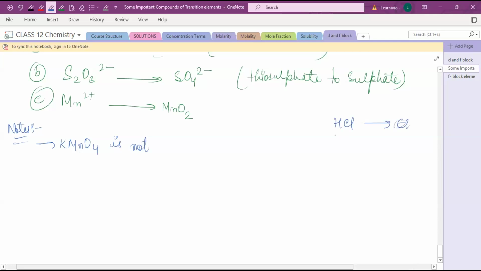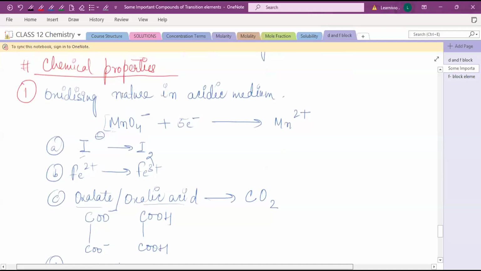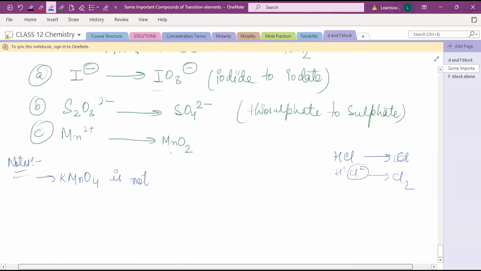HCl will give you H plus and Cl minus. In acidic condition, potassium permanganate will oxidize Cl minus to Cl2. Just as iodide ion is converted to I2, similarly the chloride ion will be converted to Cl2 in the presence of acid.